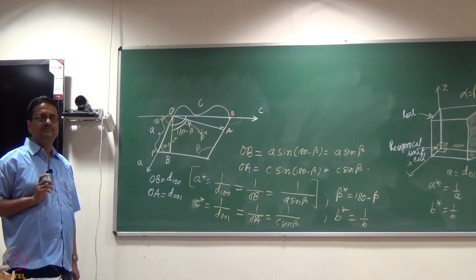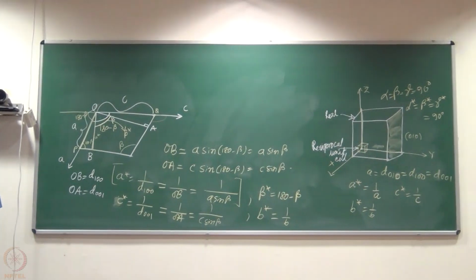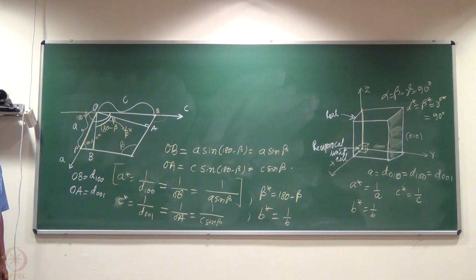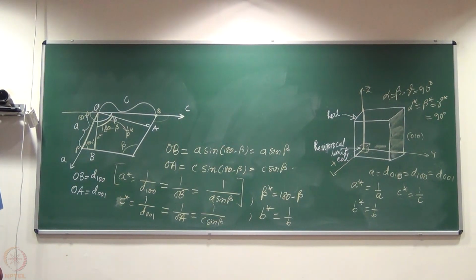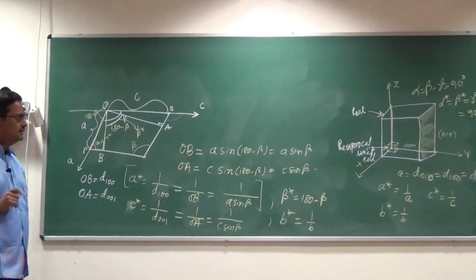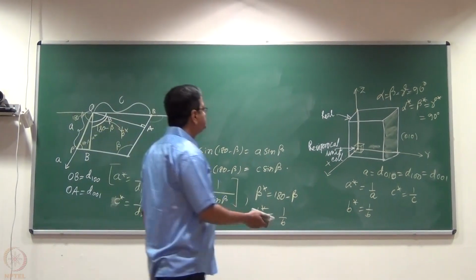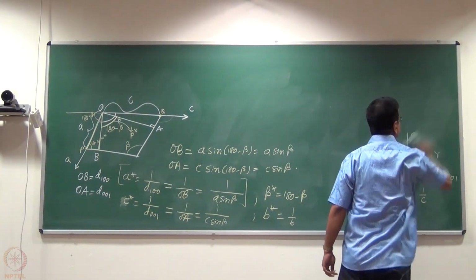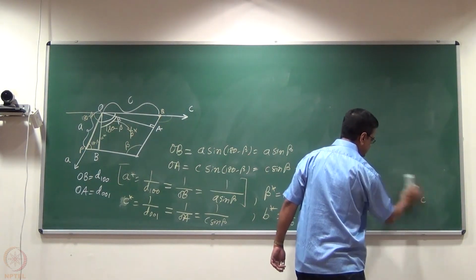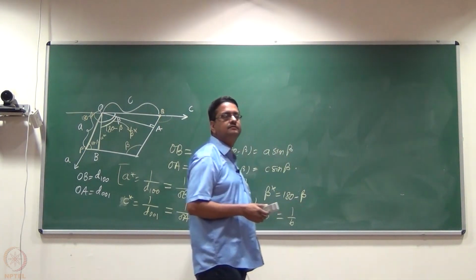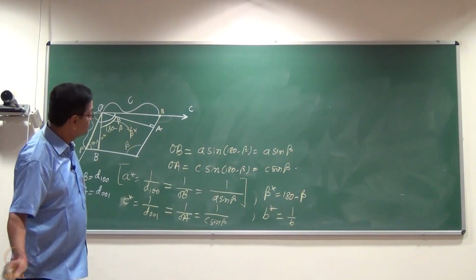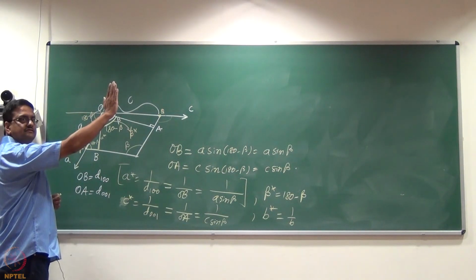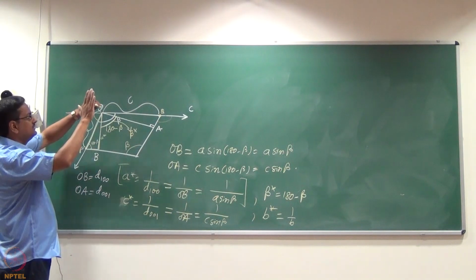Is there any question at this point? We are dropping a perpendicular, cutting the perpendicular at a distance 1 by d of that and placing a point. That's what we are doing. We have no intercept along B. We are only along A and C. So what we are talking about B star is a plane which is like this, and from here I drop a perpendicular.